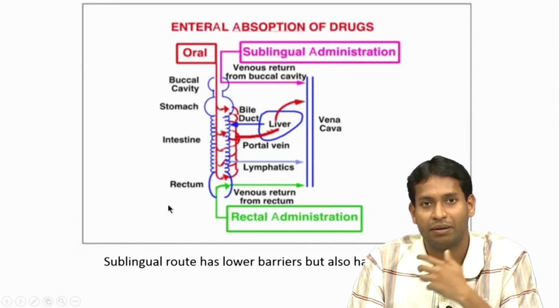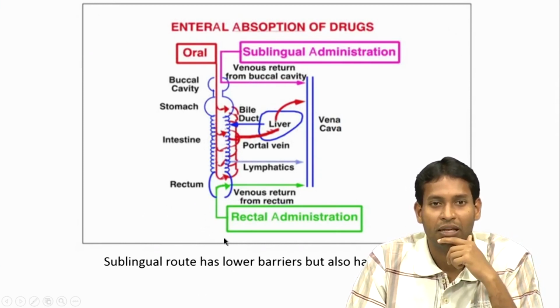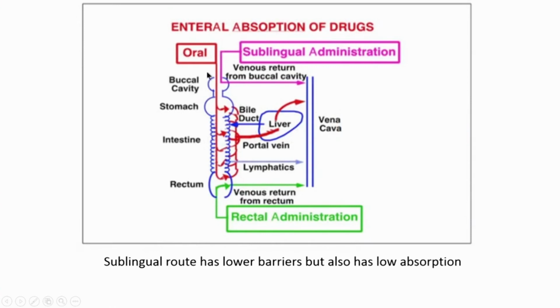Again, just to point out some things, sublingual has low barriers. From here the drug directly goes into the buccal cavity. However, it is not very convenient for a patient to keep the drug in the mouth for long durations, and so the absorption is low as well, because first of all the residence time in that area is low, the patients do not keep it there, plus the surface area is not enough for the drug to go through.